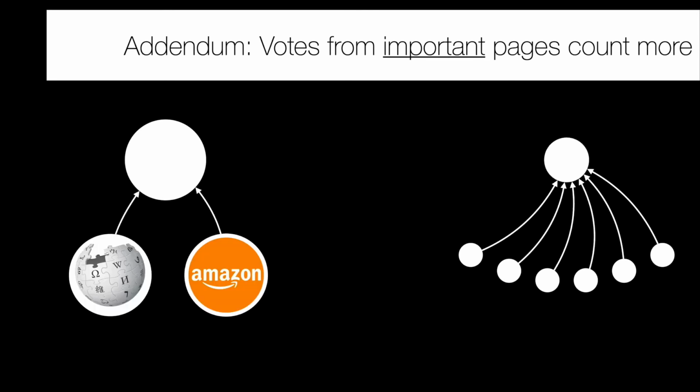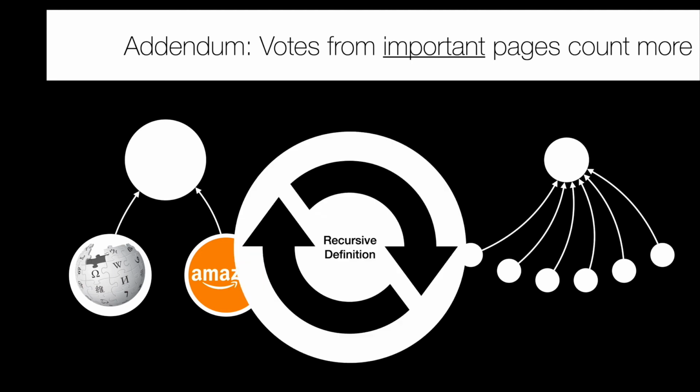If my personal page is linked to by Wikipedia and by Amazon, that means my personal page is maybe much more well embedded in the web than some other random website that has a bunch of links from other no-name websites. Which leaves us with a recursive definition: a particular website's PageRank, or importance, is based on the PageRank of the other sites that are linked to it.